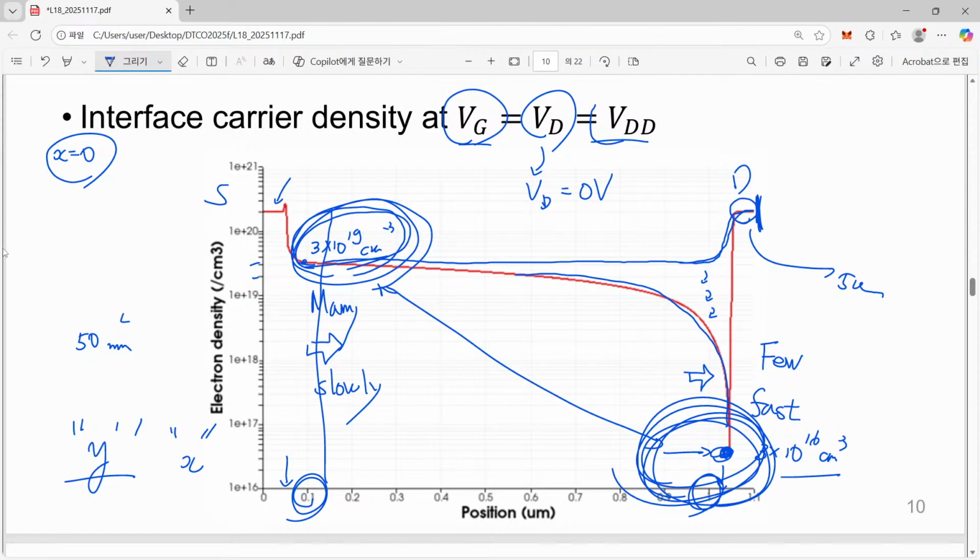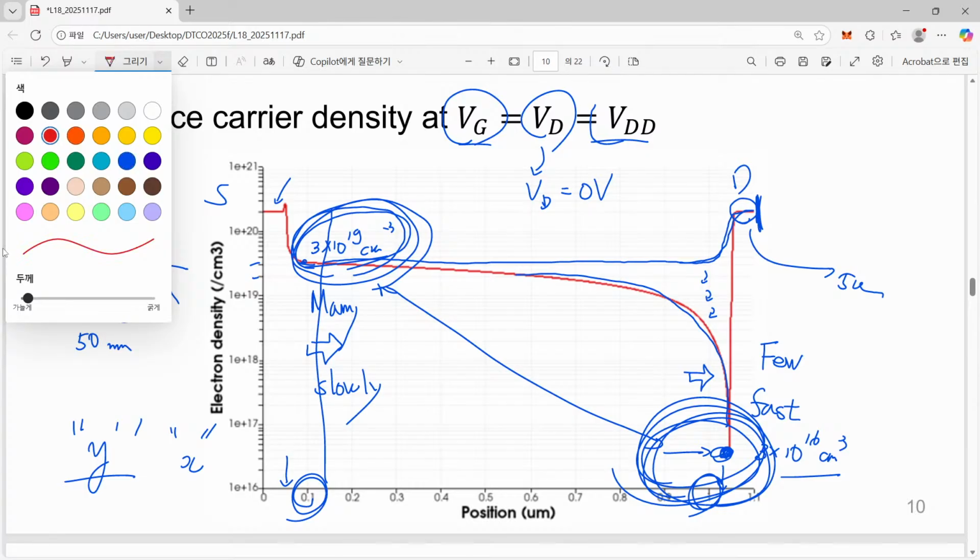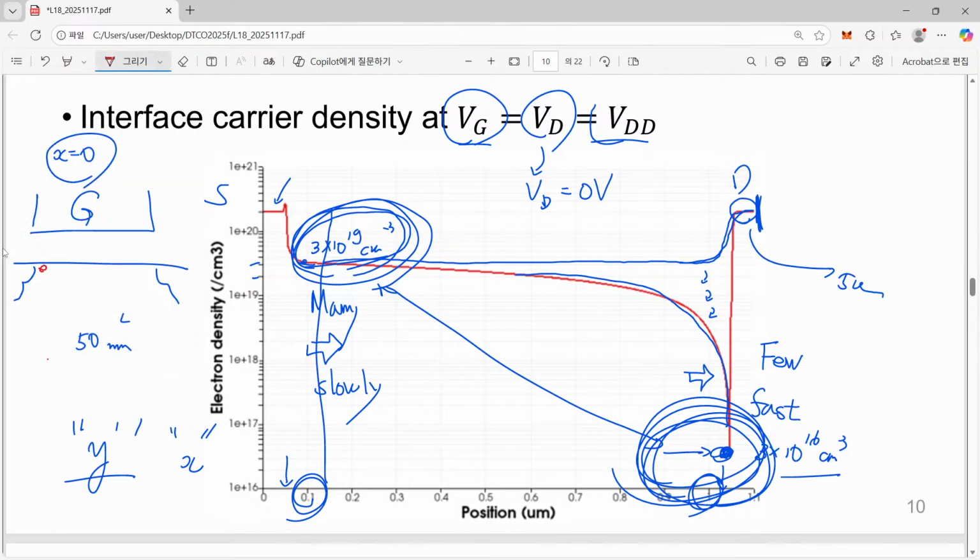Simply speaking, if we have quite a good control over our electron charge by the gate, since it has strong controllability, electrons are just attached to this interface. Only due to this silicon dioxide, they cannot go into the gate, but the gate is quite attractive.